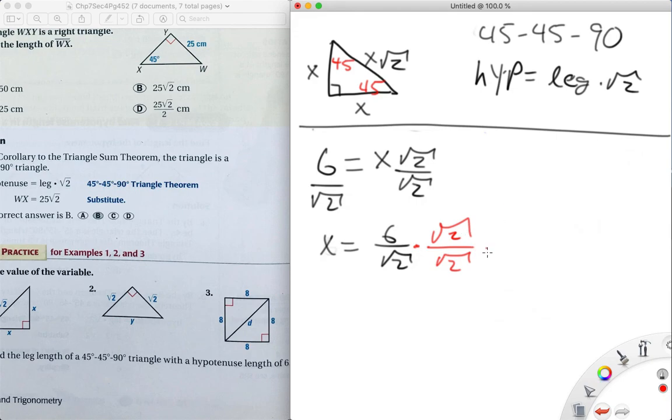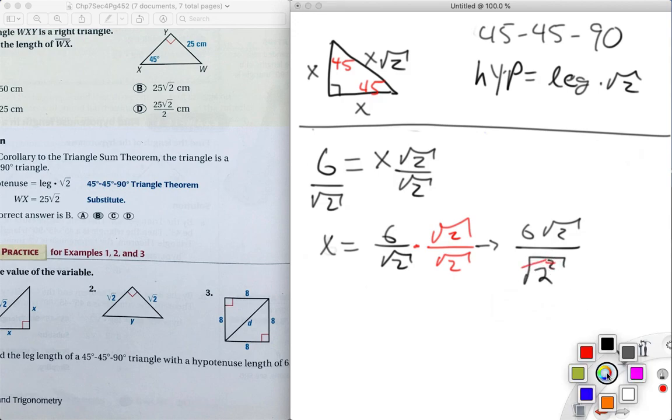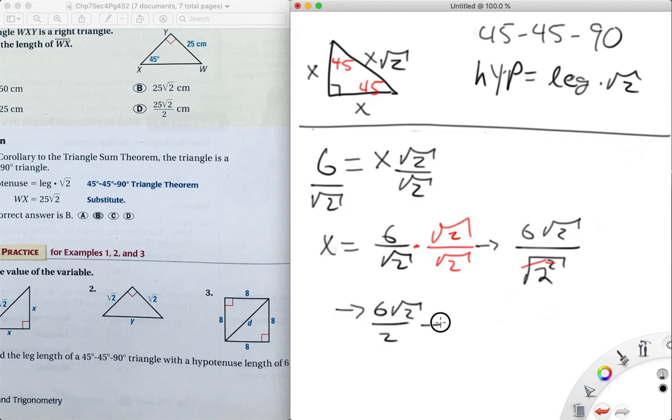So this turns into 6 root 2 over the square root of 2 squared. And remember, the square and the square root symbol cancel. So that goes and that goes. Which leaves us 6 square root 2 over 2, which is 3 square root of 2.